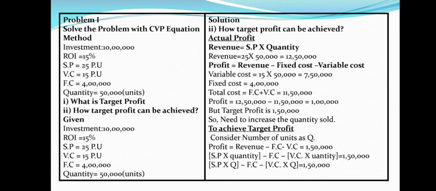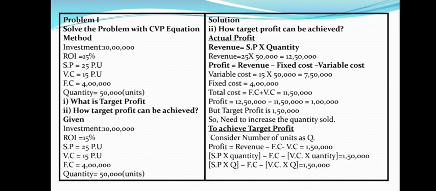Revenue equals selling price into quantity, so revenue can be replaced by selling price into quantity. Similarly, variable cost can be replaced by variable cost per unit into quantity. I am replacing the quantity by Q. So selling price into quantity minus fixed cost minus variable cost per unit into quantity is equal to 1,50,000.